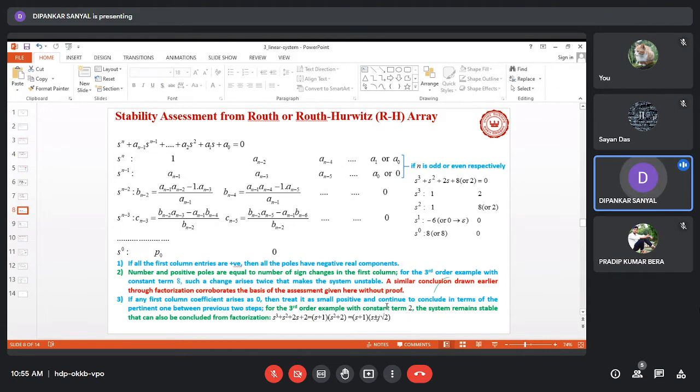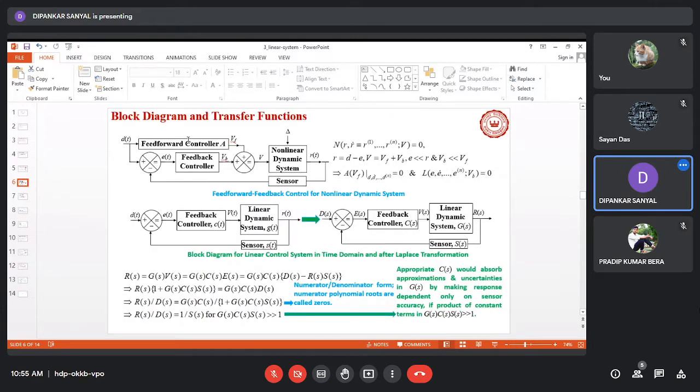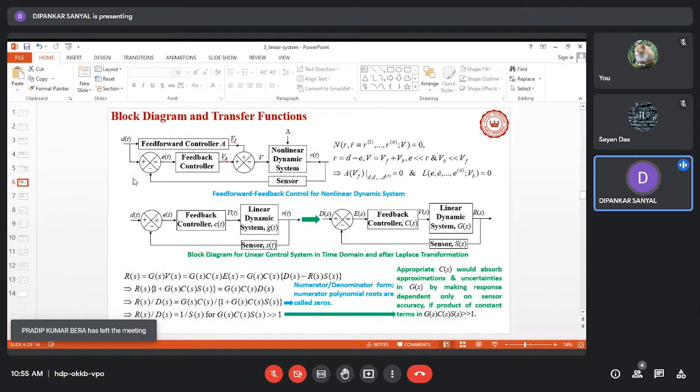So that is what we have discussed in the last class, and also in the last class the block diagram form of feedback feed forward control for a nonlinear system we have shown, and if the system is purely linear, only the lower part of it would remain, and that kind of system was composed.